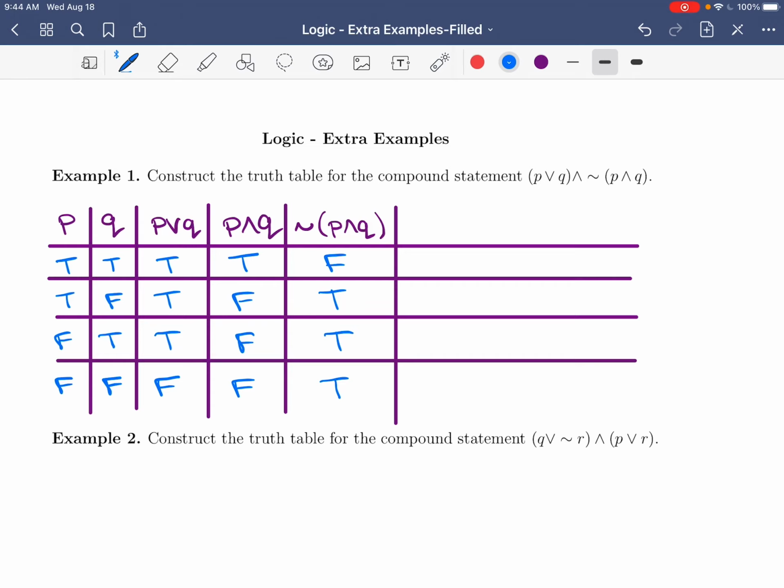Now finally we can put these together. So it's P or Q and not P and Q. P or Q is this column ANDed with this column.